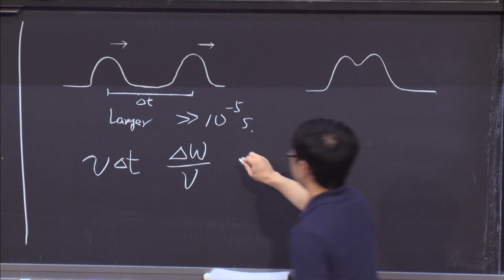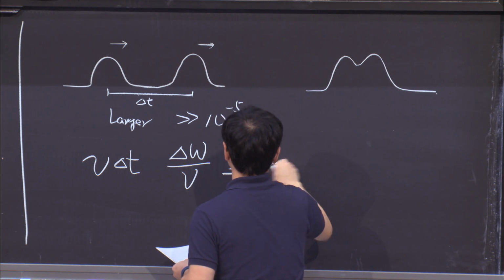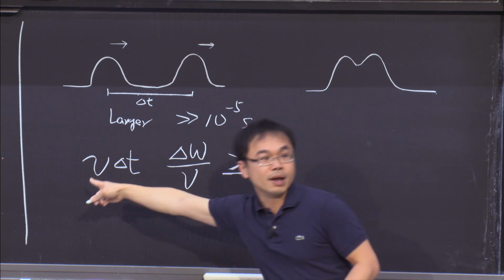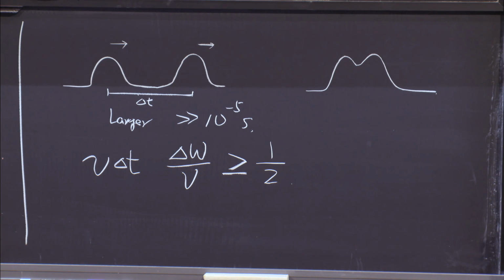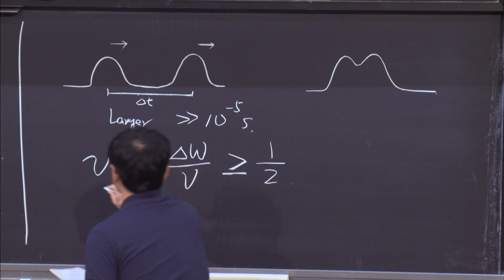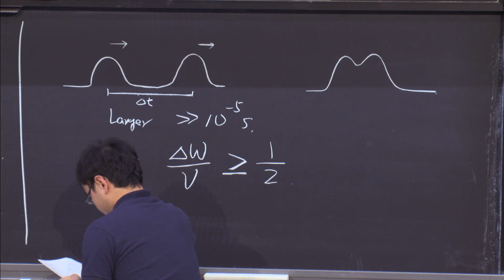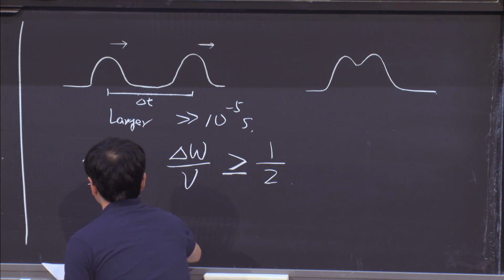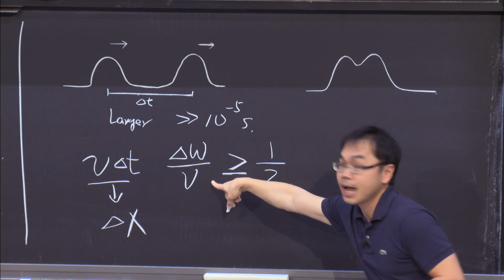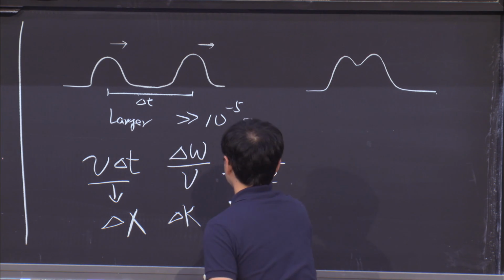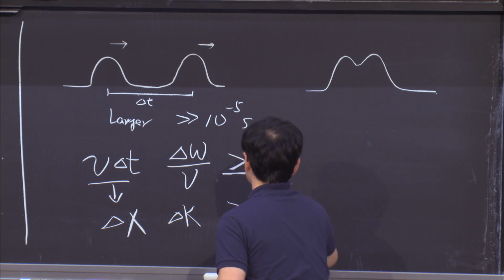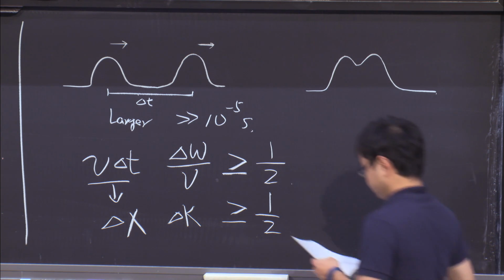And this will be greater or equal to 1/2. So I just multiply by v and divide by v. They cancel, and that means the first term will become delta x, and the second term will become delta k. And that will be greater or equal to 1/2.